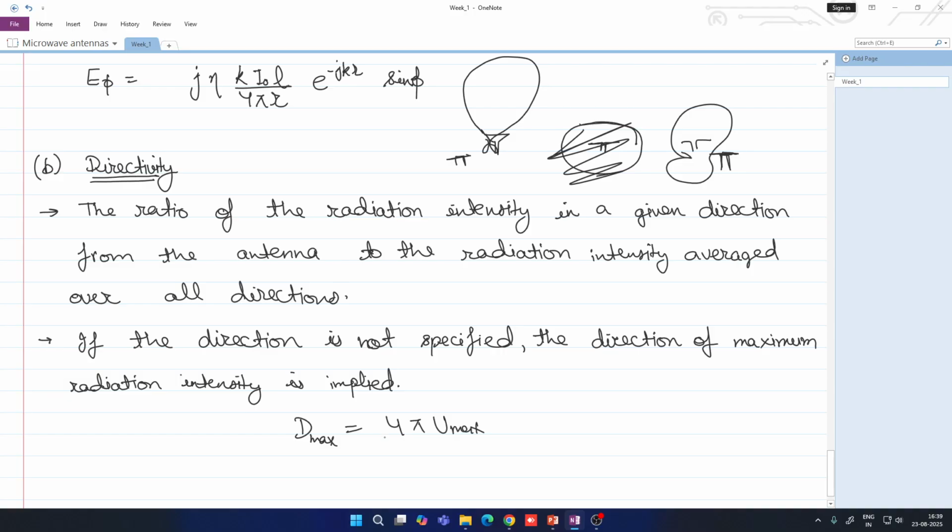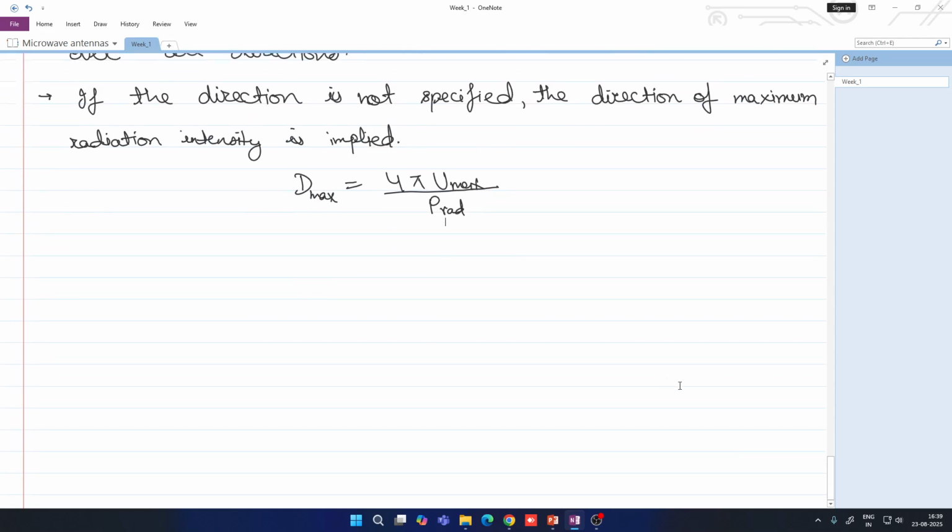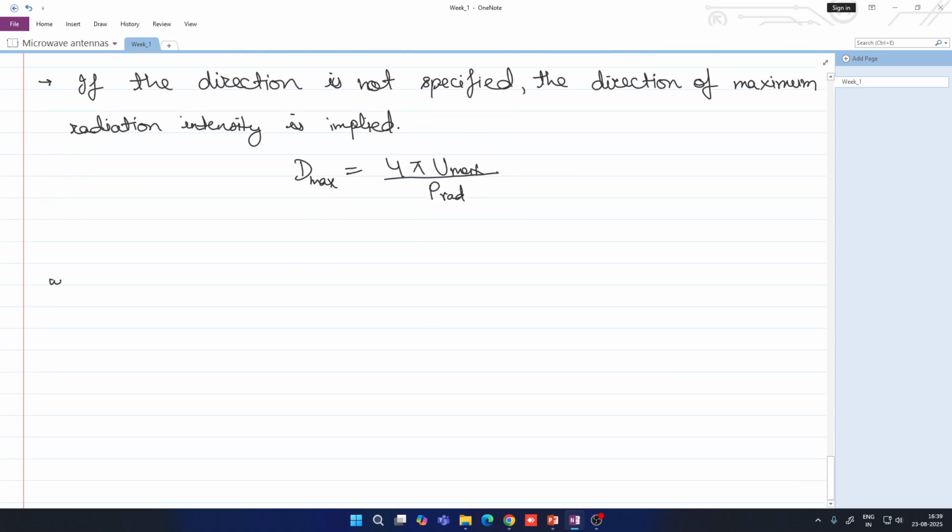The formula is D max equals 4 pi U max divided by P radiated, where U max is the maximum radiation intensity and P radiated is the radiated power.